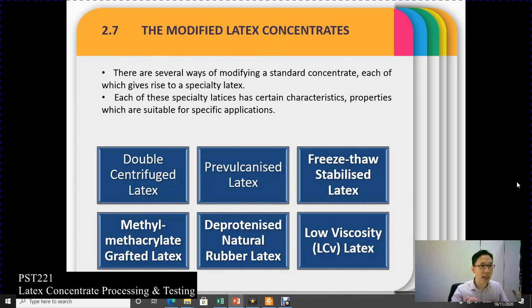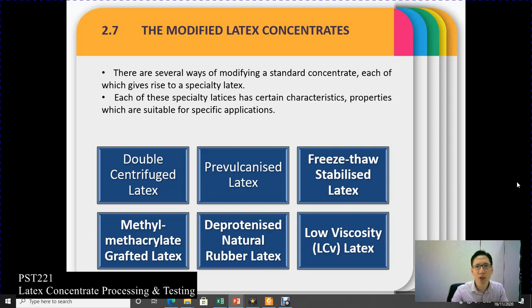Of course, we have more than 6 types of modified latex concentrate in industry, but mainly these are the 6 major ones being used, and some modified latex concentrates in industry are derived from these 6, maybe a combination of 2 or 3, because certain specs are required, so more processing or more properties are added to the latex so that higher quality can be achieved.